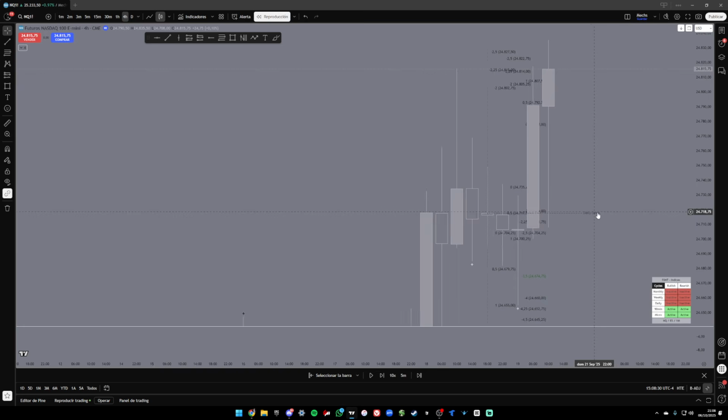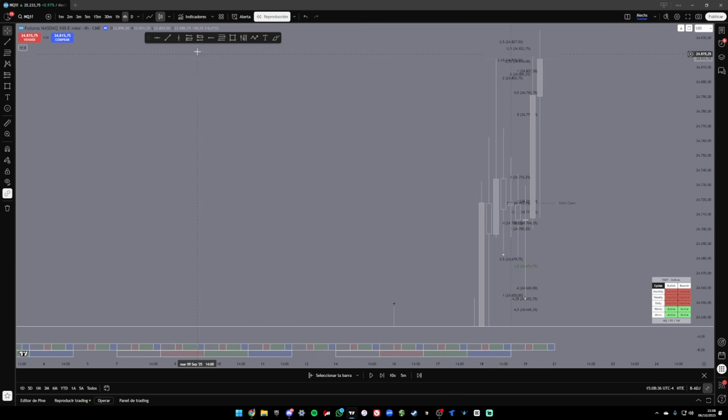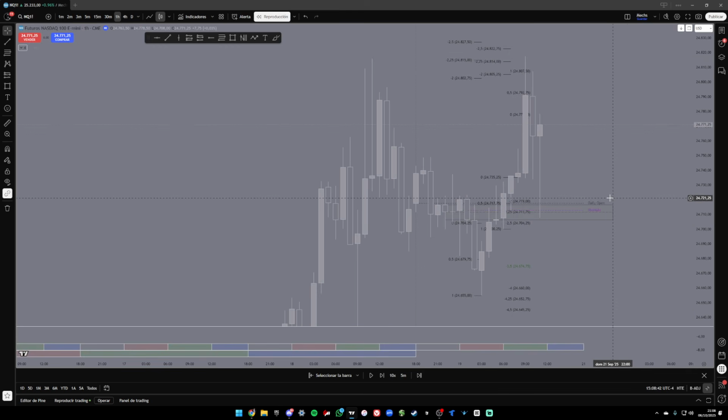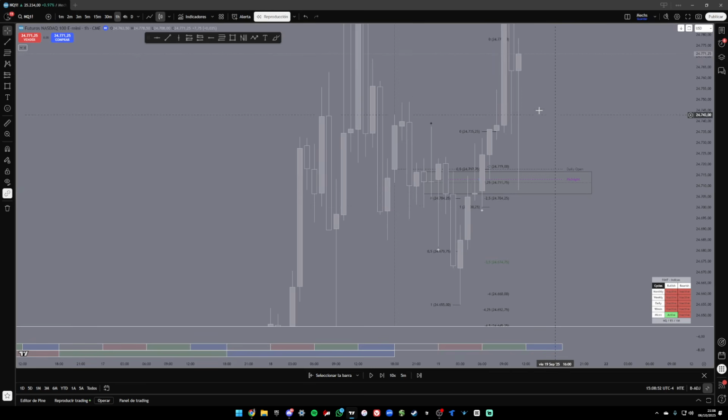What do we have? Daily open, I mean midnight open, and also we have this weird order block, but yeah, it can work. Also, this is very chopped, bro. If today was this day, I would have put a limit here, minus 2.5.